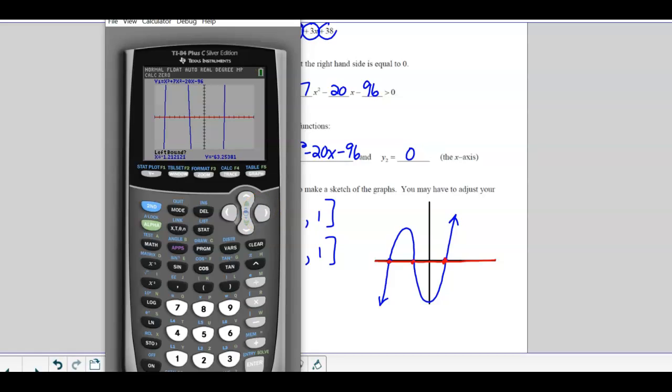So I'm going to cursor to the left of where, come on. Okay, left of where I think it is, enter. Cursor to the right, enter. And it's at 4. So that takes more time, and that's why graphing y2 equals 0 helps.